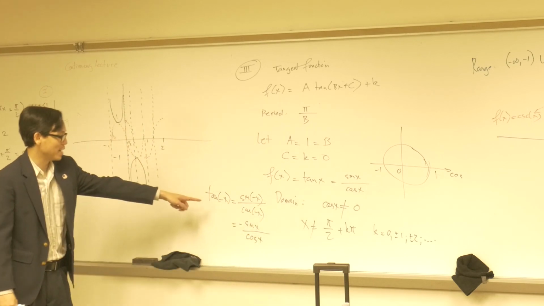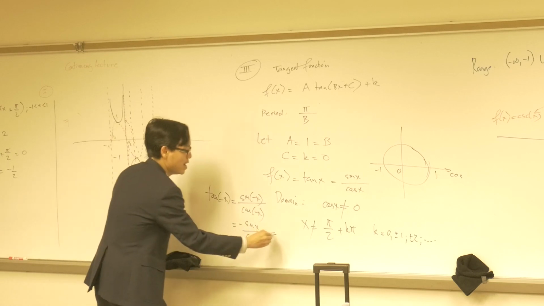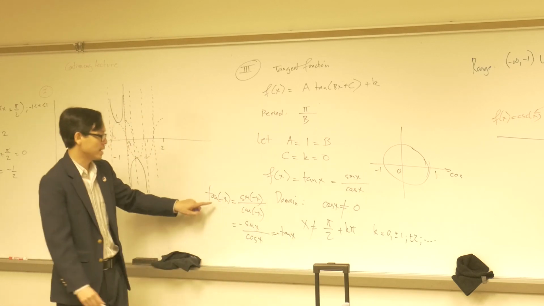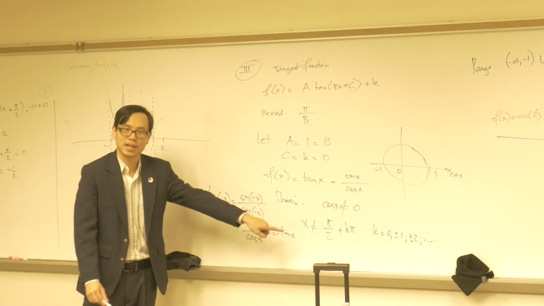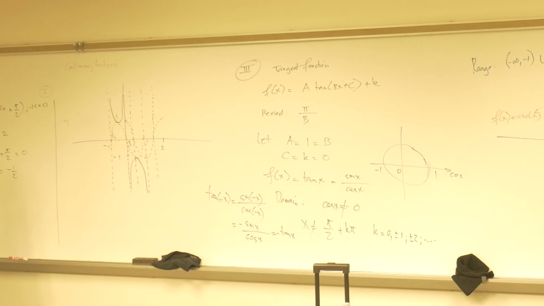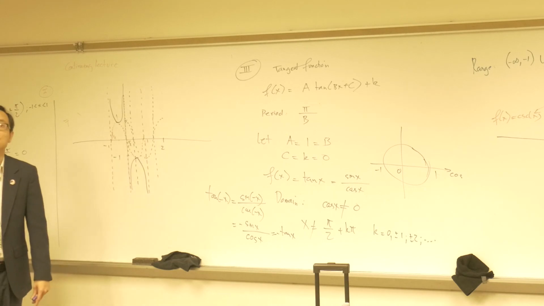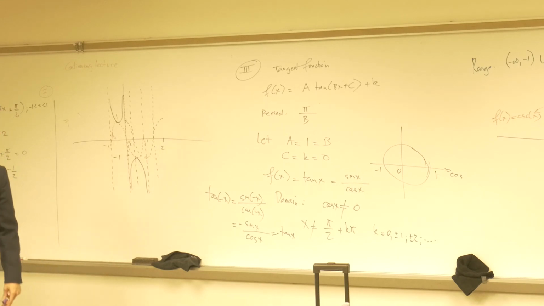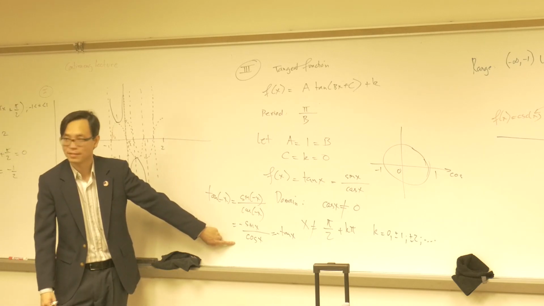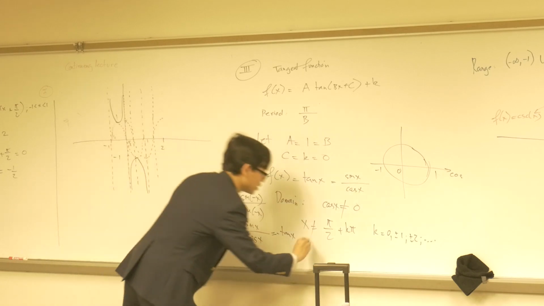So you see the tangent of negative x equals negative tangent of x. We already learned the even and odd concept in college algebra: f of negative x equals negative f of x. So we know that tangent is an odd function.